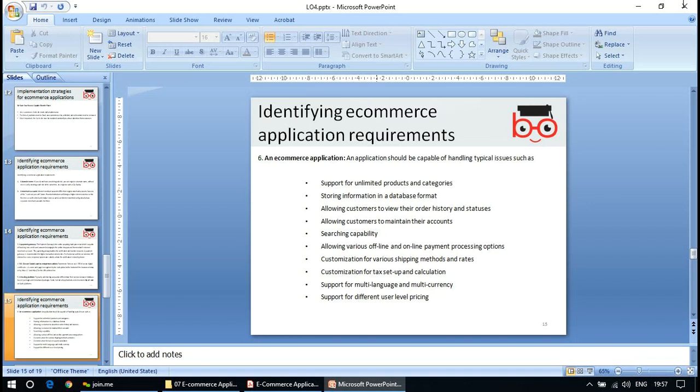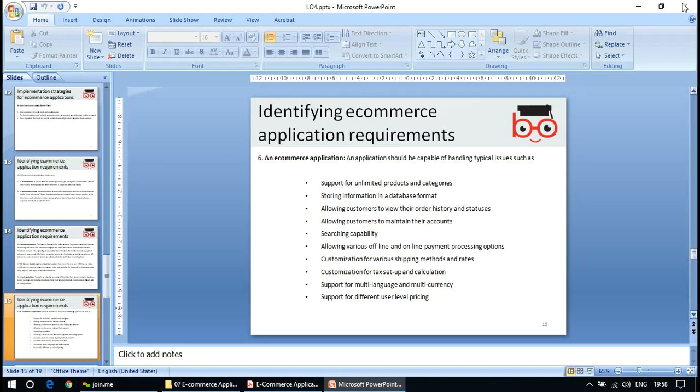So the shipping rates, customization for tax setup and calculations, support for multi-language and multi-currency, support for different user level pricing.